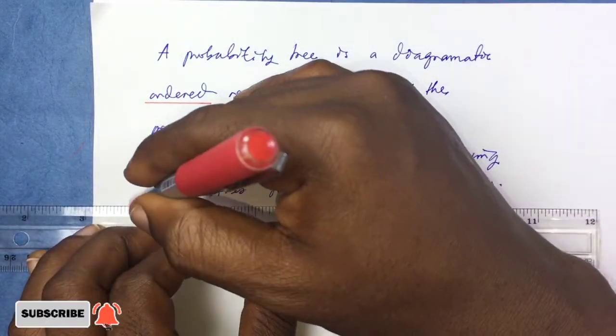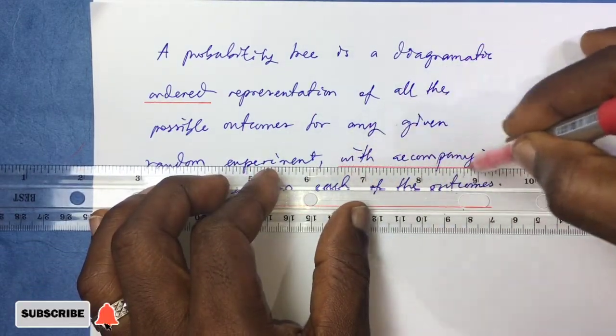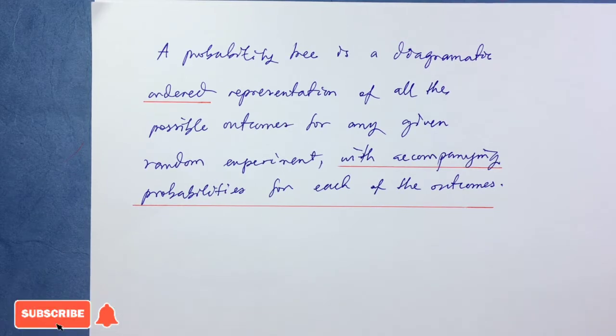This was another thing absent in theoretically representing sample spaces, where there was no accommodation whatsoever for accompanying probabilities for each outcome. So the probability tree takes care of this problem.